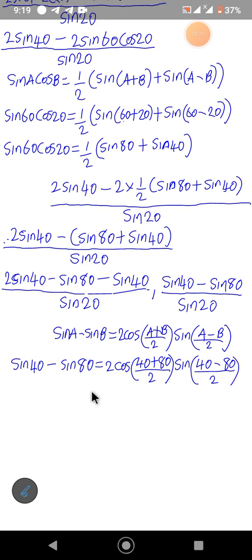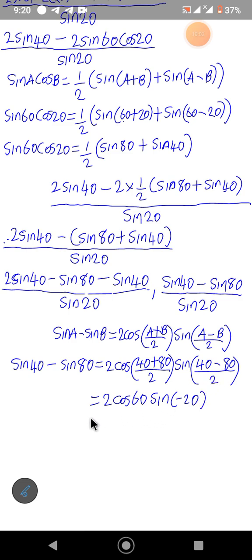Then I can simply say that this is 2 cos 40 plus 80 is 120. 120 divided by 2, that's 60. Sine 40 minus 80, that will give me minus 40. Minus 40 divided by 2, that will give me minus 20.